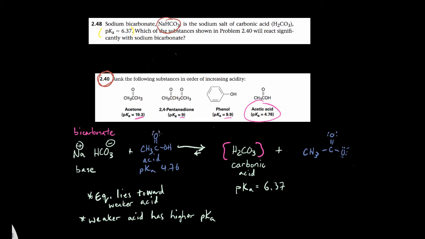So the weaker acid has the higher pKa. This is the weaker acid. It's 6.37 versus 4.76, and the equilibrium lies toward the weaker acid, which in this case means that we have a forward reaction.